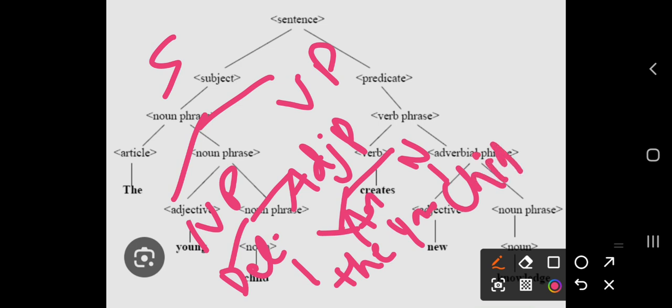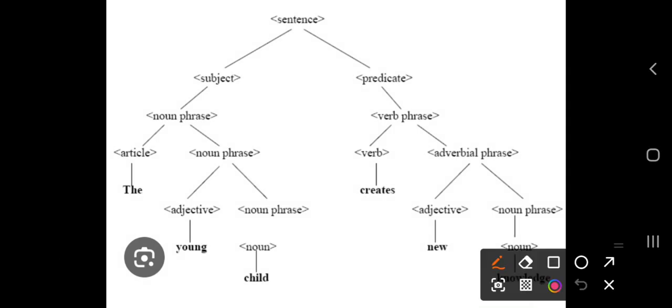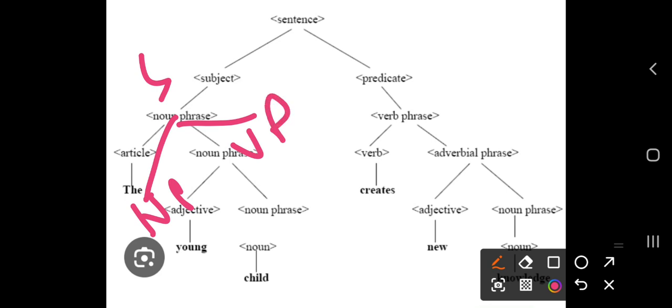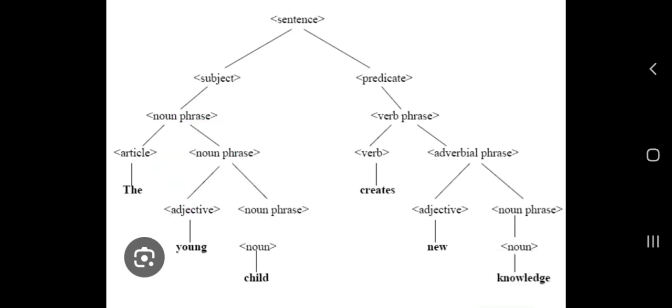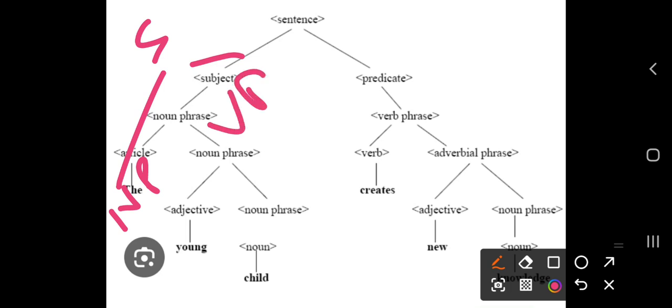Now I have to clean because space is not there. Now I'm explaining the verb phrase. That noun phrase I have already explained to you. Now come to the verb phrase: creates new knowledge.